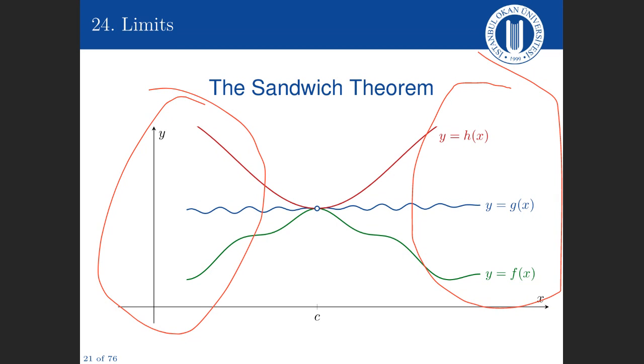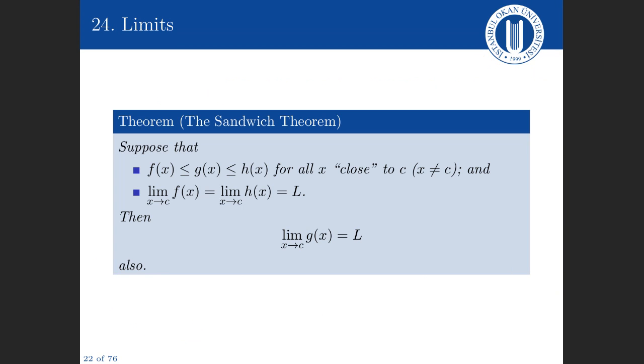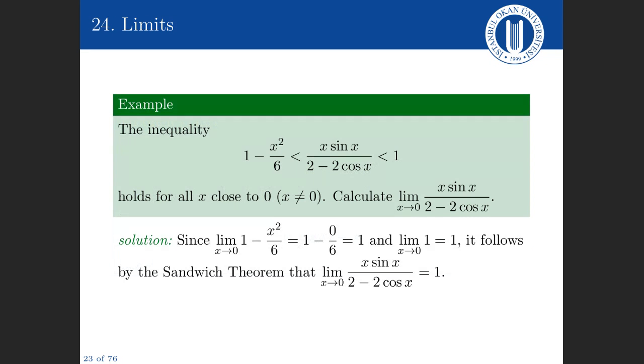We only care that this inequality is true close to c. And let's suppose that we know that the limit of f and the limit of h are the same. Then the theorem says the limit of the function in the middle must also be equal to this same number.